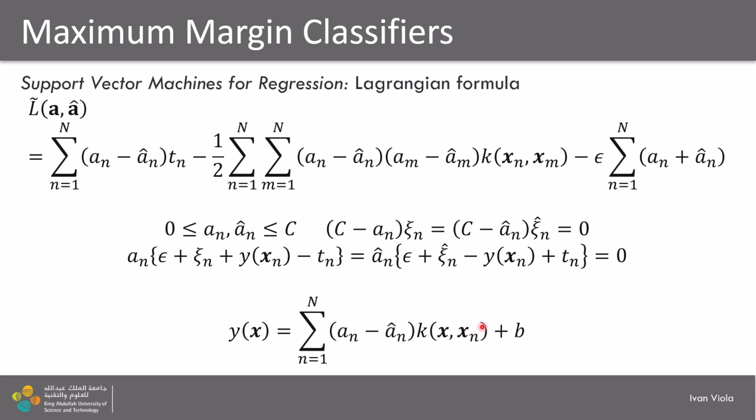Therefore, these points which are inside the epsilon tube do not need to be considered in the calculation of y(x), and only those where either a_n or a-hat_n are not equal to 0 will contribute to this sum. Therefore we only need to care about those and do not need to iterate over the entire set, but only over the support vectors, analogous to our case of classification.